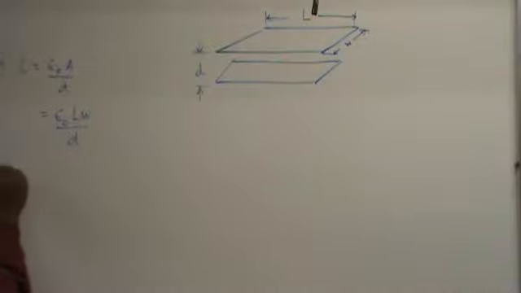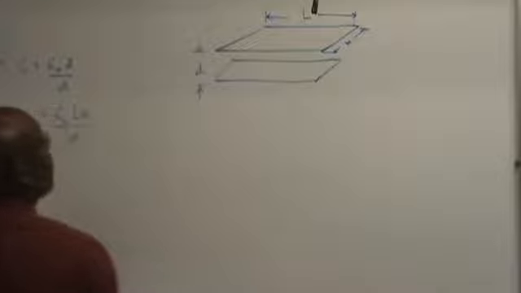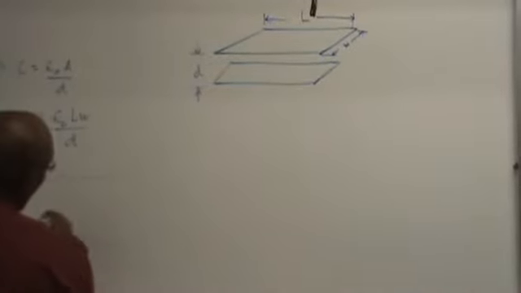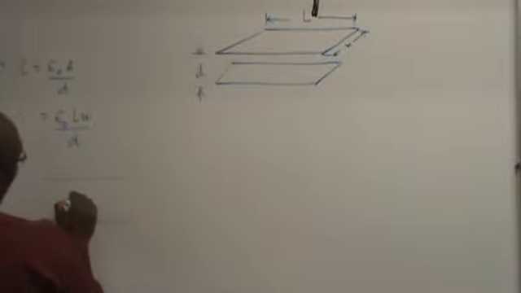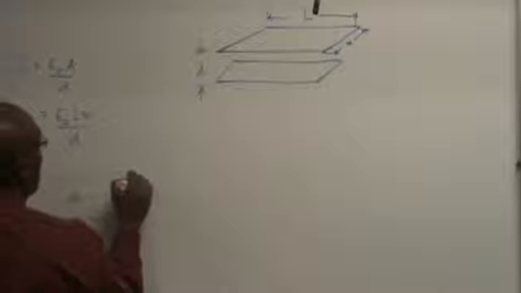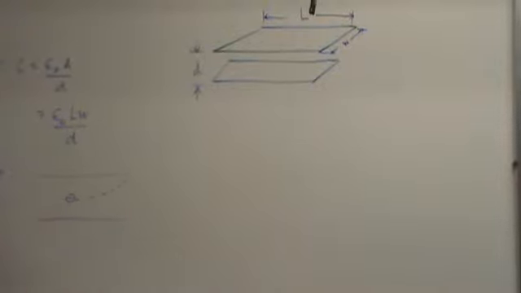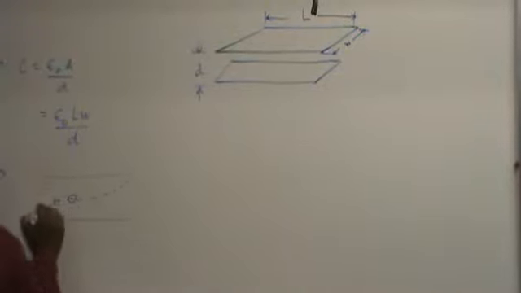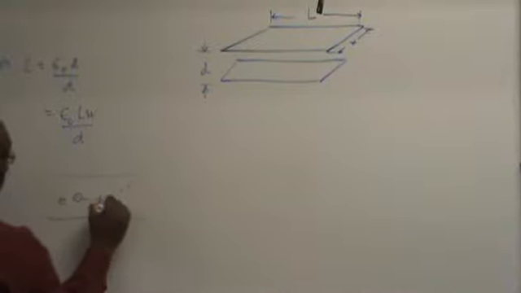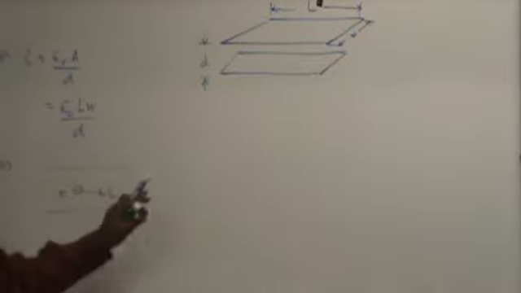Part B, you need to draw the electric field. Okay, if you notice, for this part, here's an electron, it's negative, and it's going this way. What that means, if it's going that way, there's a velocity coming in right there, and it's pulled this way.